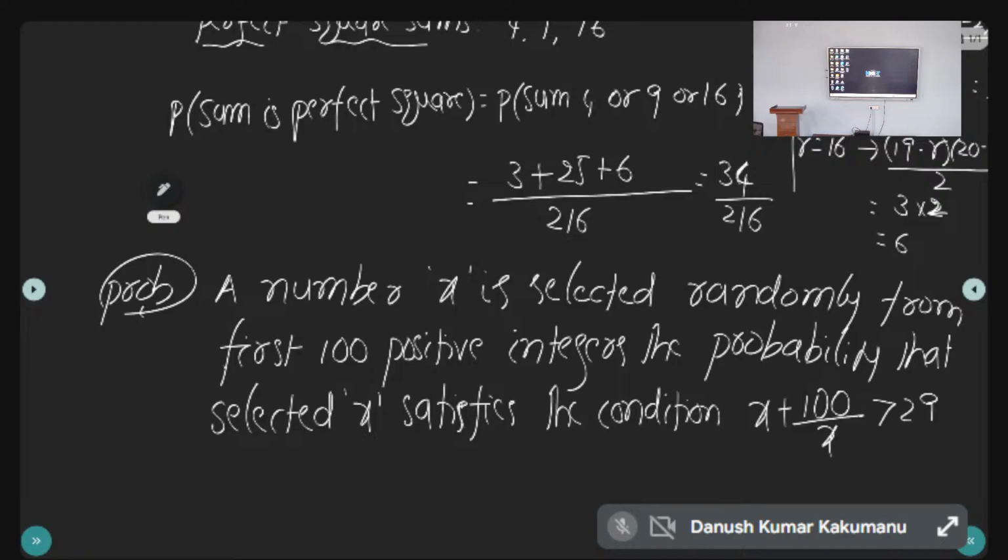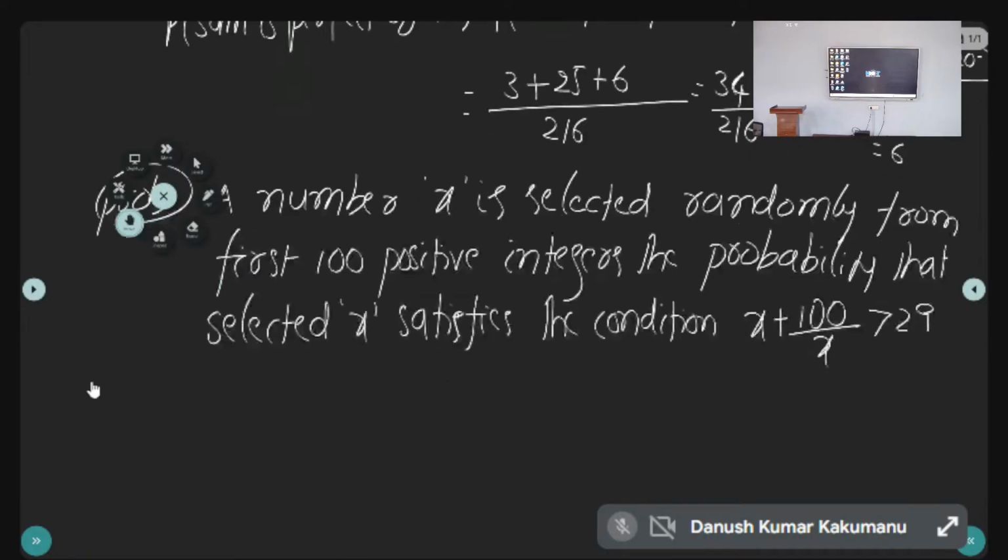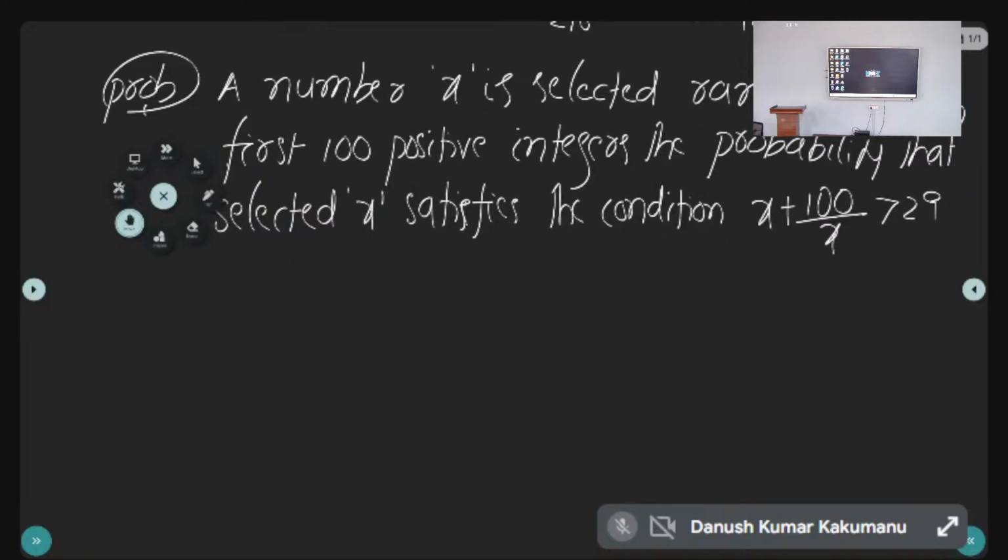This is a question, I think so. Solution. What is n of S? 100 C1, that is 100.